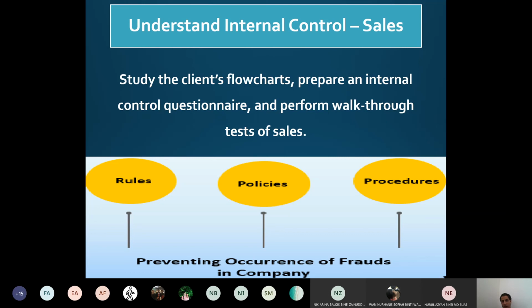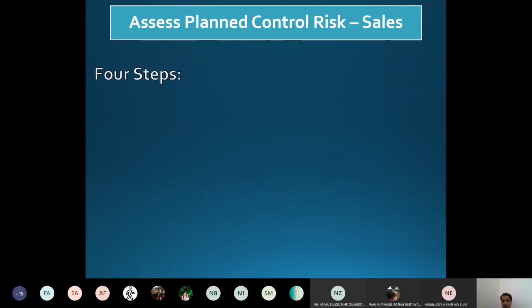The second process to understand the internal control is the walkthrough test. Walkthrough means we try to see how they process a transaction, and we view it step by step.